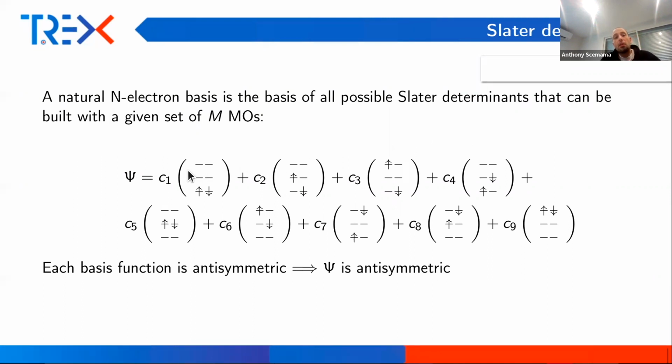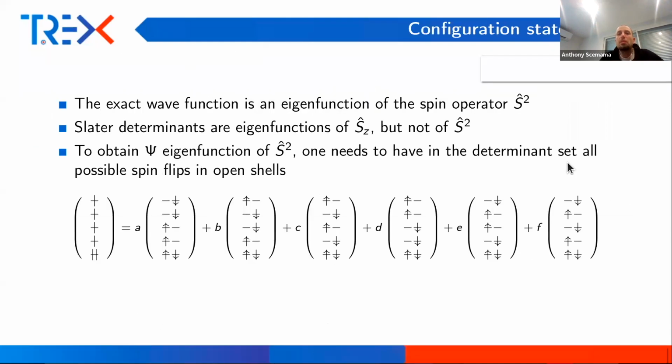Okay, so the total wave function, when you take all the possible determinants, will be an eigenfunction of S squared. But if you just take a subset of Slater determinants, you will probably not have an eigenfunction of S squared. So here, what you need to do is to have in your determinant basis set all the possible spin flips corresponding to occupations of orbitals.